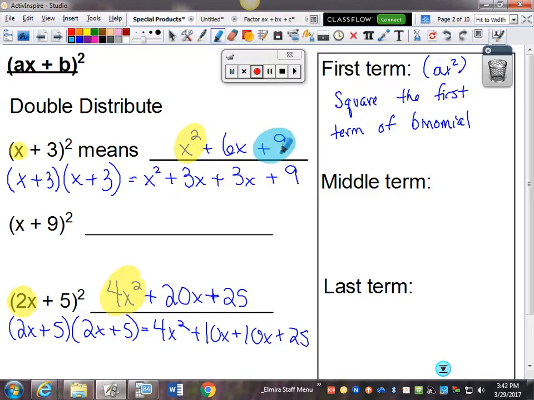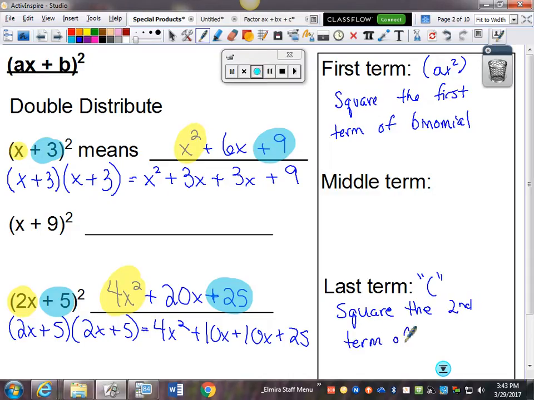Okay, the 9 comes from squaring the 3, and the 25 comes from squaring the 5. So the last term, or the c term, comes from squaring the second term of the binomial.